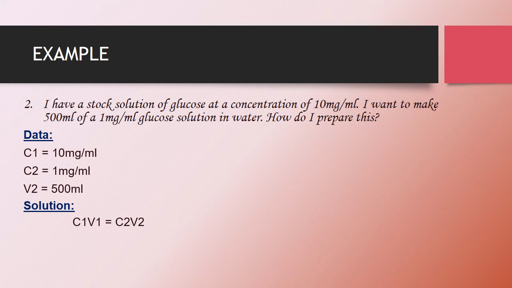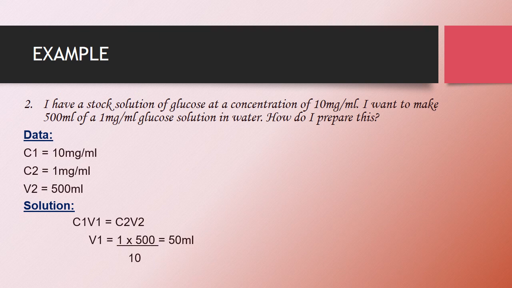So it is easy to calculate the volume of a stock solution. To calculate V1, rearrange this equation and put the given values to get the answer. By calculating these values, we get the answer 50 ml.